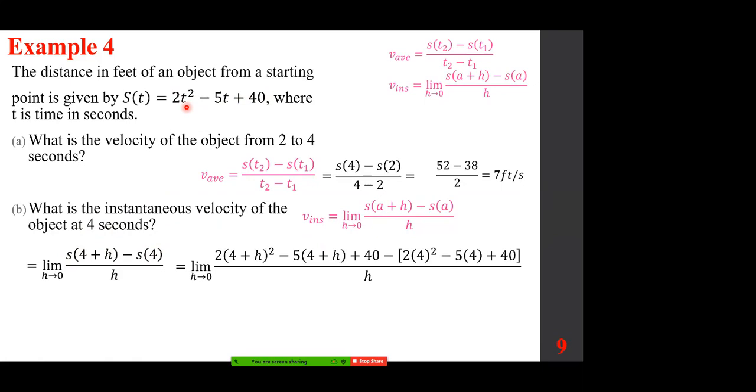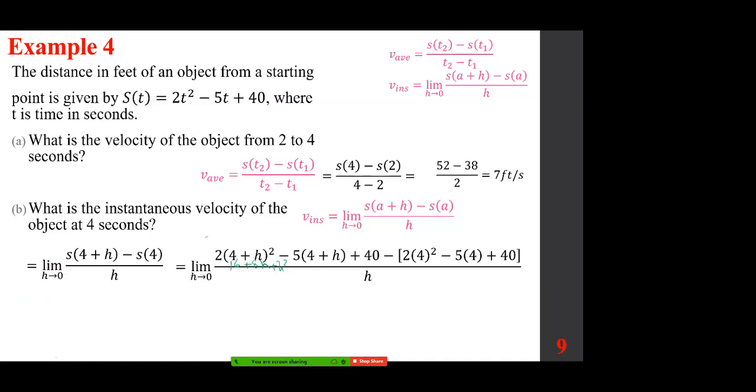Now, quickly, if I want to write some stuff here, this would be 16 plus 8h plus h squared.